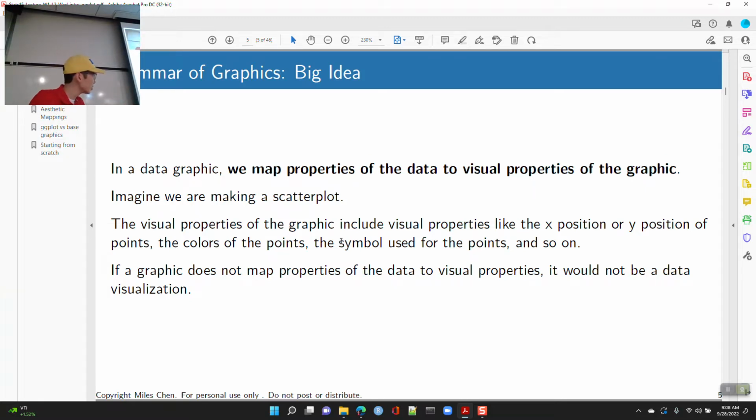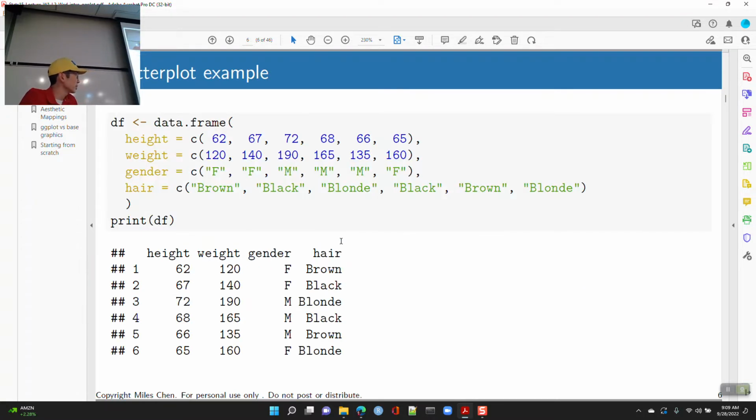If you're going to make a scatter plot, you have an x-axis and a y-axis, and we map the x position to some data value, or the y position to a data value, maybe the color of the point to a data value, maybe the symbol we use gets mapped to some kind of data thing. And if we are not mapping properties of the data to visual properties, it's not a data visualization.